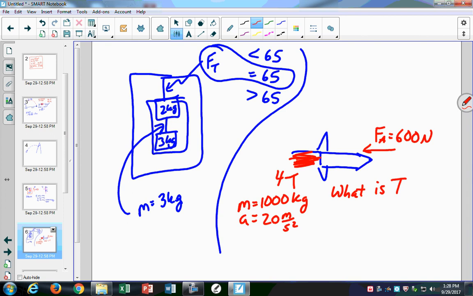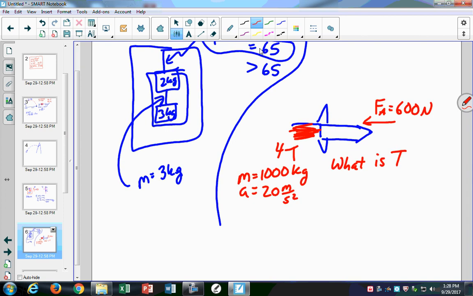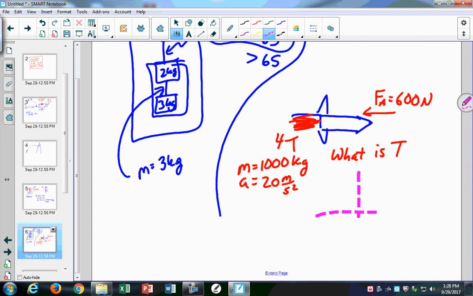So here, we would draw our force diagram. Our force diagram has FA in this direction, equal to 600. In this direction, we have 4 times T. And then we would say the sum of the forces equals MA.